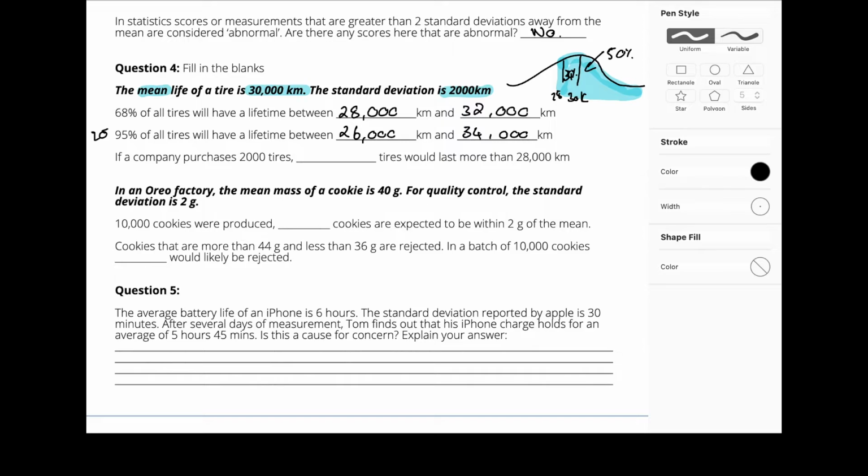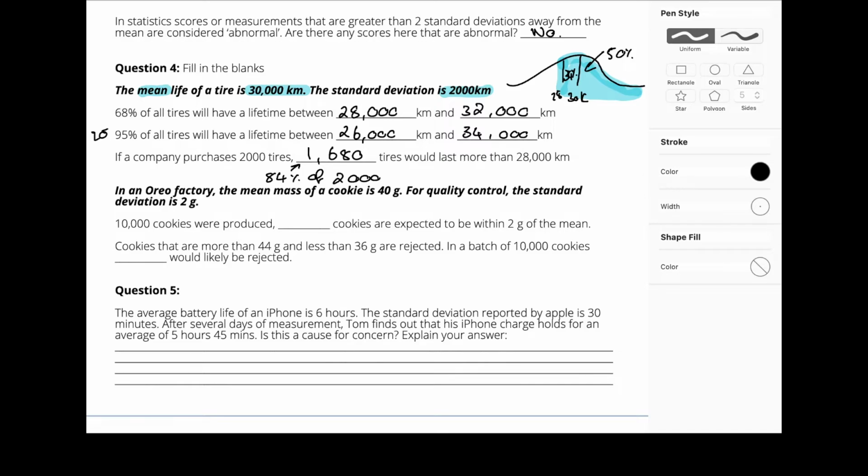Because it's the segment 1 standard deviation below. So we're looking for 84% of 2,000. So we're going to work that out. So what's going in here is 84% of 2,000. If we do that, I'm going to get 1,680. So 1,680 tires of a batch of 2,000 would last more than 28,000 kilometers.